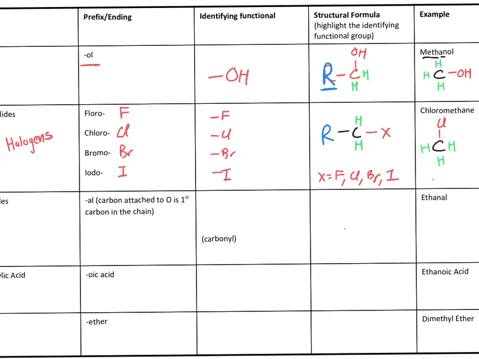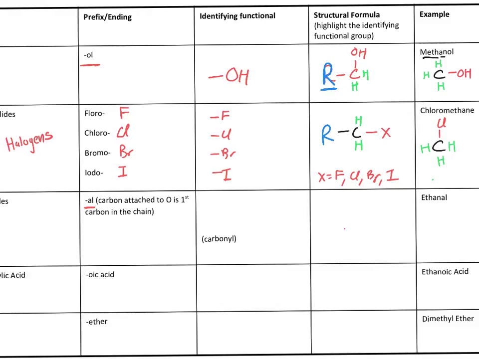Okay. Now, the next one is something called an aldehyde. And an aldehyde has the AL suffix or ending attached to the name. So it could be pentanal or butenal, something along those lines. Okay? But the big deal here is that the very first carbon in the chain will have a double bonded oxygen to it. So we call that a carbonyl group.